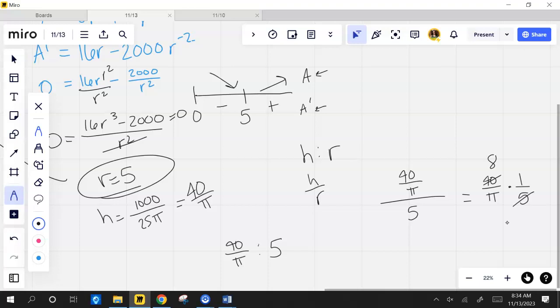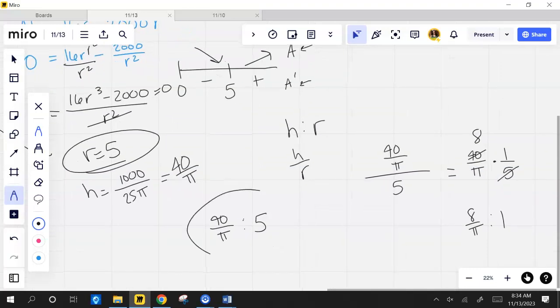That gives me a 1 for my h and a 8 over pi for my r. So 8 over pi to 1. Either of those. This just goes back to whatever grade you worked with ratios. I don't remember what grade that is. This is just an unsimplified ratio. This is a simplified ratio. That's all that is.